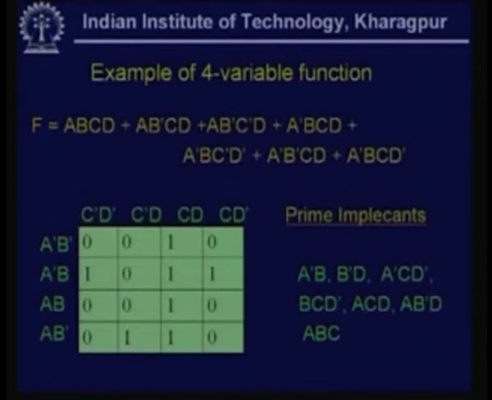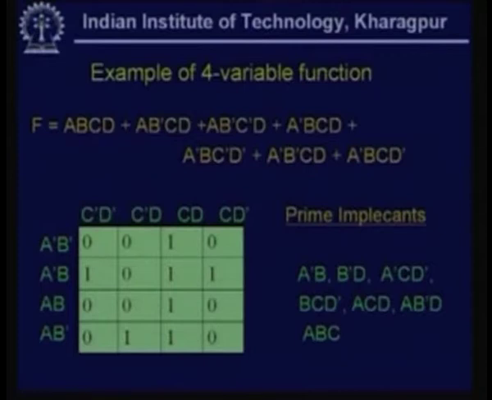Now, which one is A dash C dash? A dash CD dash. See, CD dash means the last column, and A dash is fixed, so for this couple it is A dash CD dash. Now, B CD dash, CD dash means again the last column, and the second row and the third row, the B is common.